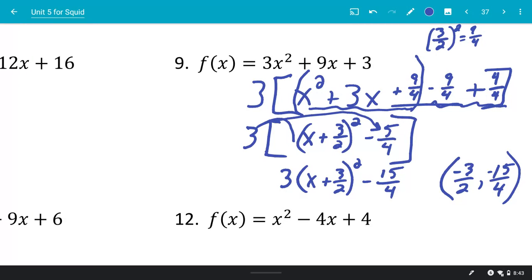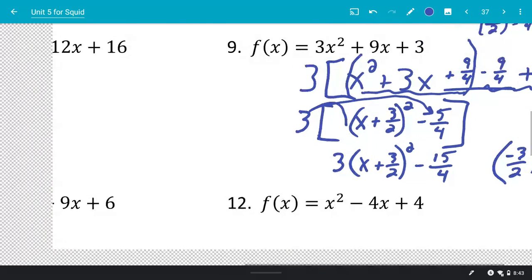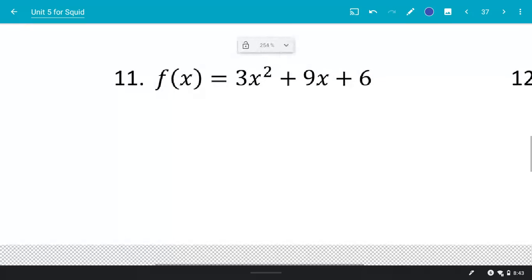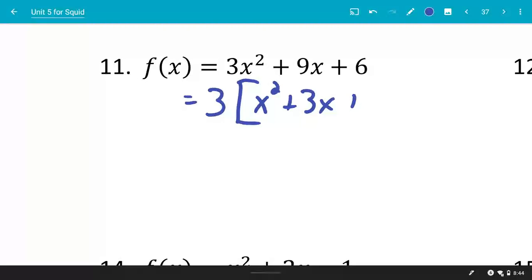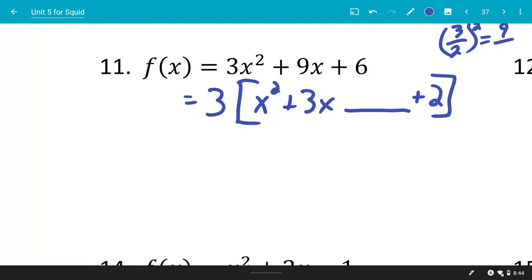All right, I'm going to do one more. Hopefully it won't be quite so hairy. But looks like it's going to be. All right, what's the first thing I do? Pull out my GCF. Okay, so 3 times x squared plus 3x plus 2. Let me leave that space. Plus 2. Okay, so 3 divided by 2 squared is 9/4 again.